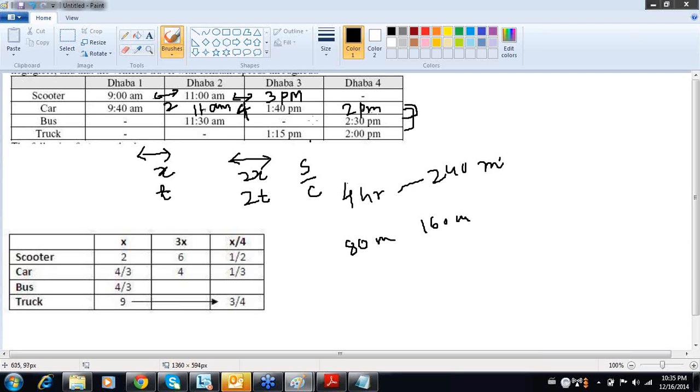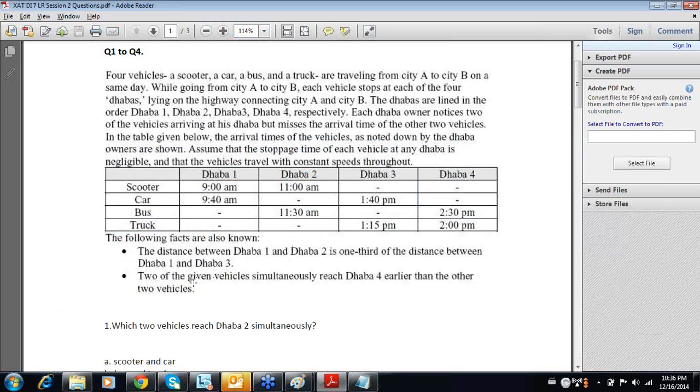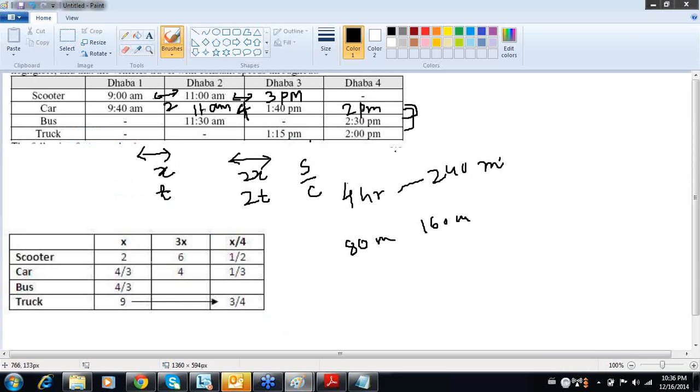See, what it is saying is the car has reached 1:40 p.m. here now, and the scooter has reached dhaba 3 at 3 p.m. Now at dhaba 4, what is the condition that has been given? Two of the given vehicles simultaneously reach dhaba 4 earlier than the other two vehicles. So two of the vehicles have to reach at the same time, and it has to be earlier than the other two vehicles.